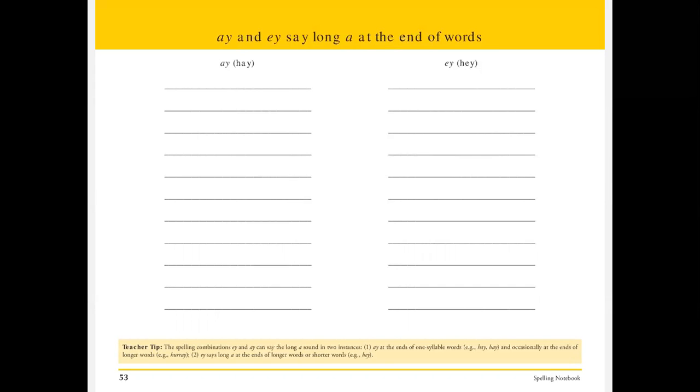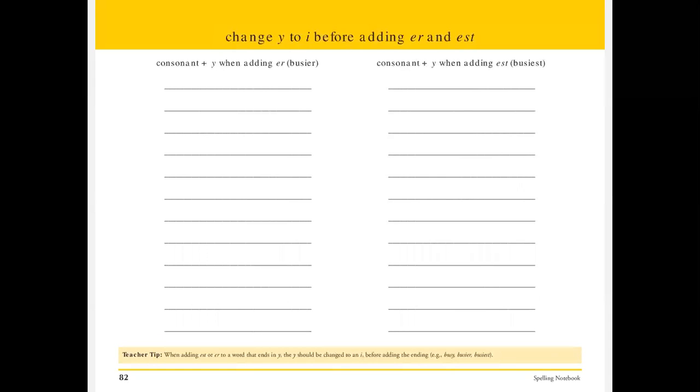AY and EY at the end of words when they say A, and EY and Y when they say E. And then later in the book, this is page 82, and you can see this in the table of contents as well, it has those suffixes, those changes that are made when we add suffixes, those multisyllabic words, dropping a letter, and adding a suffix and so forth.